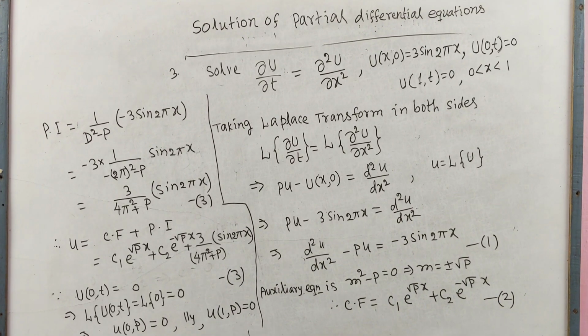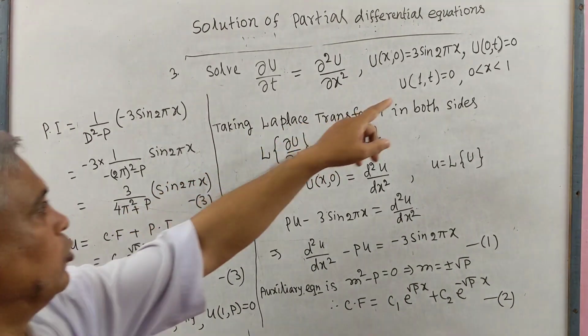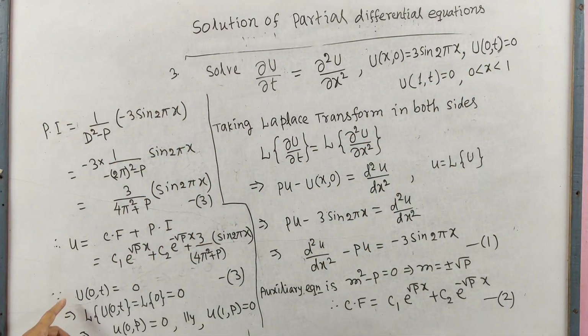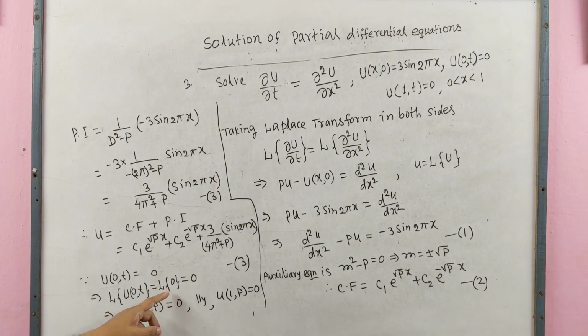As we have u(0,t) = 0, we apply the Laplace transformation on both sides. So this is small u(0,p), and L(0) equals 0.